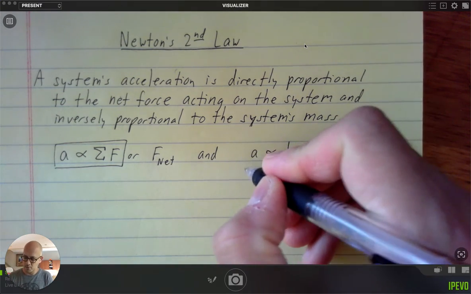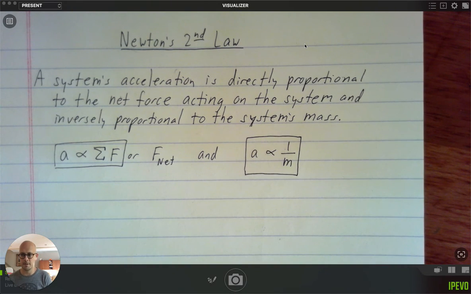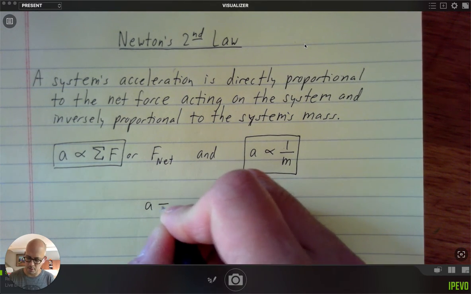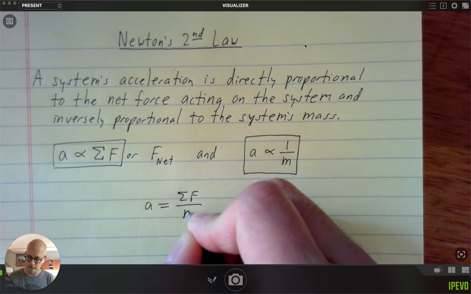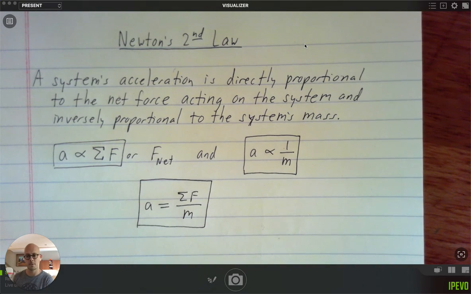So these are the two proportionalities that are represented by the definition of Newton's second law. And so we can combine these and turn them into an equation, and we'll go through how that works in another lesson. But basically, acceleration is equal to net force over mass. And so this is the equation that represents Newton's second law.